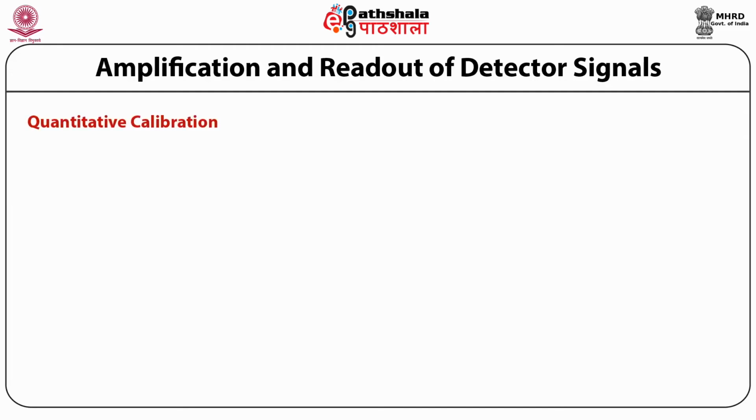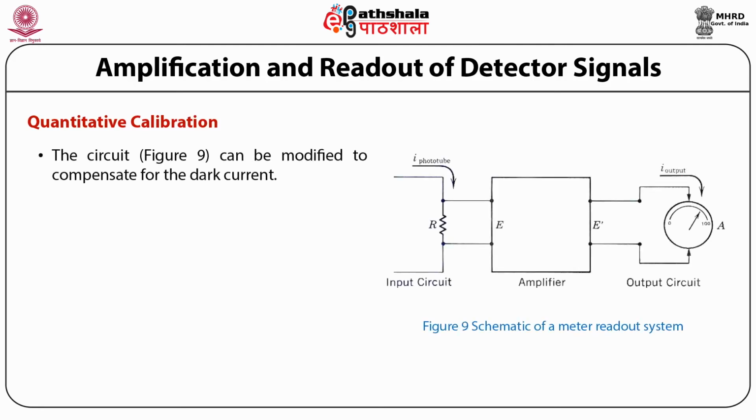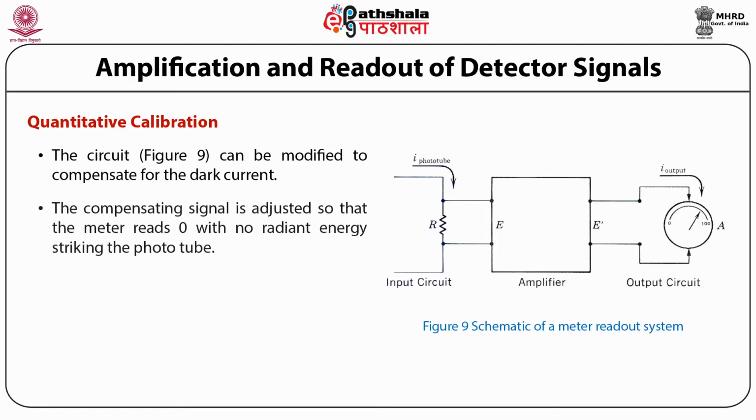Quantitative calibration. The circuit shown in figure 9 can be easily modified to compensate for the dark current by introducing an additional equal but opposite signal into the input of the amplifier. The compensated signal is adjusted so that the meter reads 0 with no radiant energy striking the phototube.